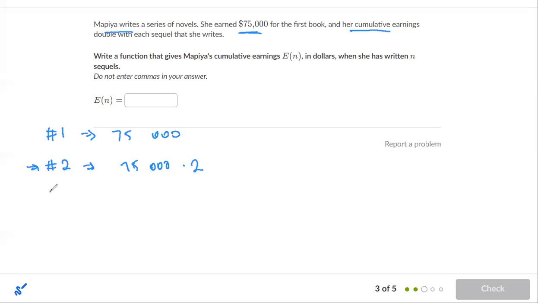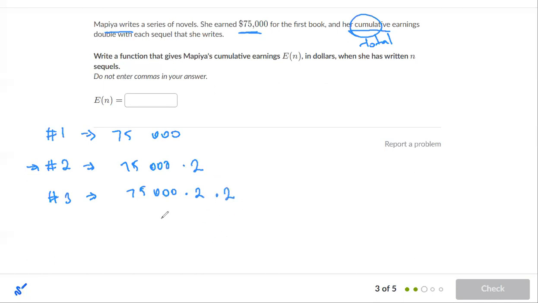Okay, so after the third book, her total earning, which is cumulative earning, will double. So she had this much earning after the second book in total, and then I need to multiply this by 2 again. So 75,000 times 2 was the earning after the previous book was published, and then I need to multiply this by 2 again.